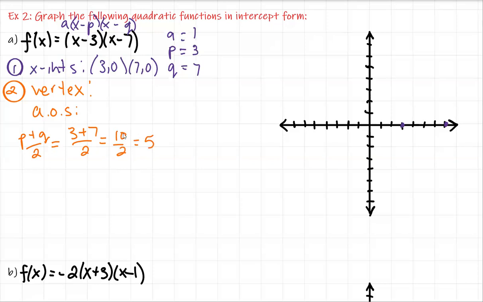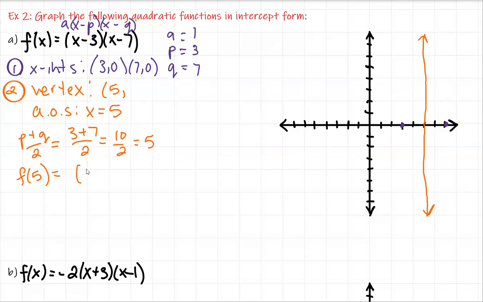So our axis of symmetry is x equals 5. So we know, here's 5, it's going to cut right here. And we know our vertex is somewhere along this line. Now we just got to find it by plugging 5 into our function. So we're finding f of 5, because we know the x value of our vertex is 5.